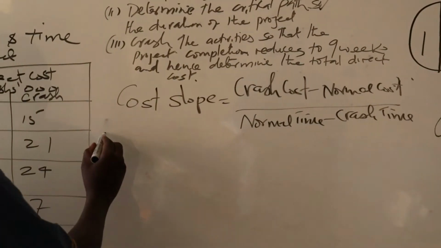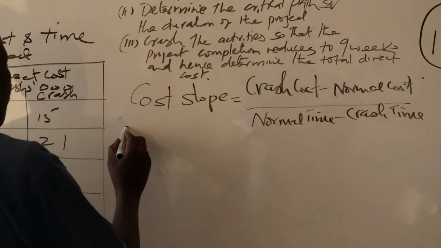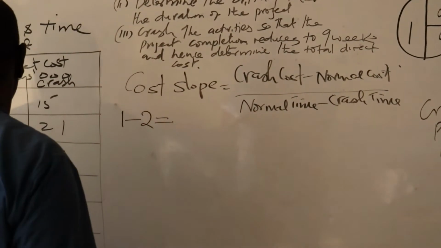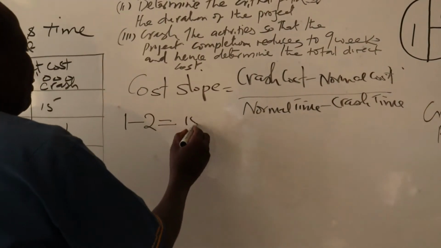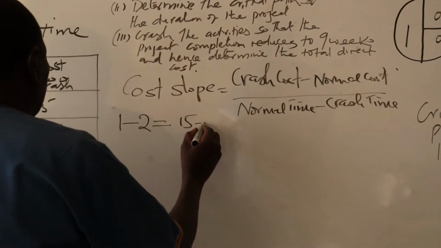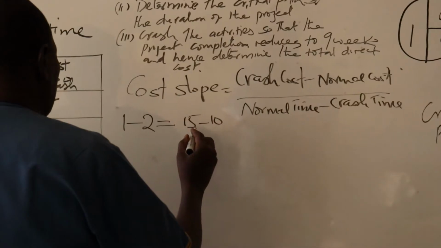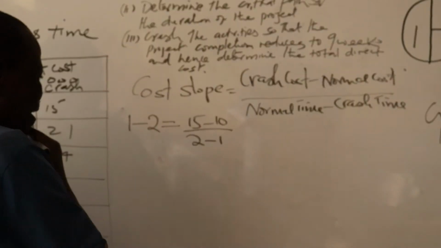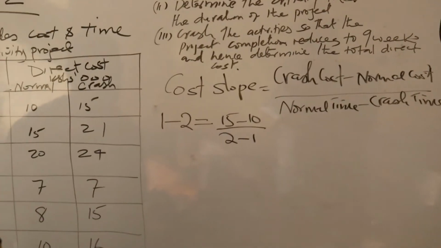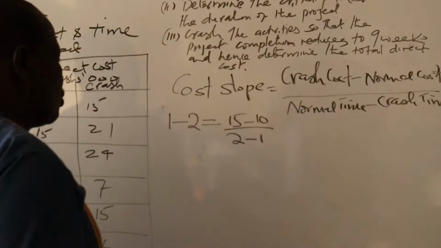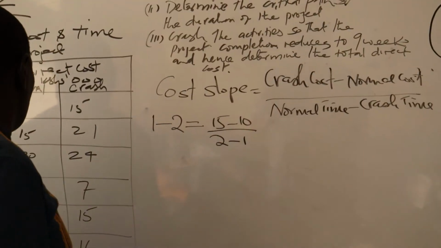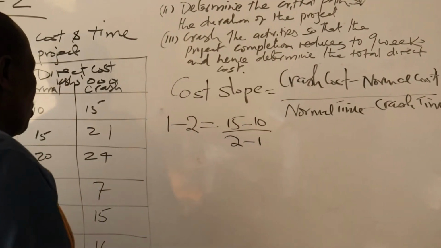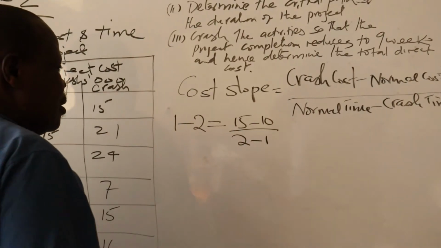Let me start with activity 1 to 2. The cost slope is 15 minus 10 divided by 2 minus 1. That is, normal time is 2, crash time is 1, crash cost is 15, normal cost is 10.